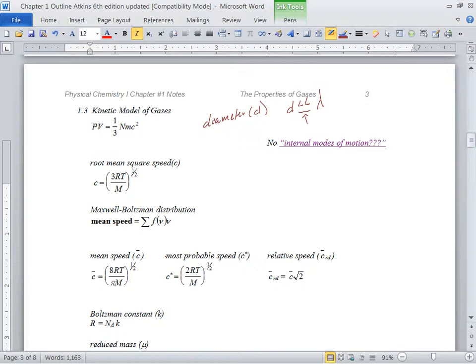Since these particles are this way, their collisions would be referred to as what type of collisions? Starts with an E. Elastic. The collisions are elastic.